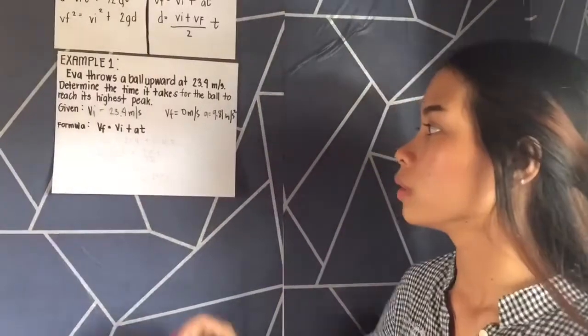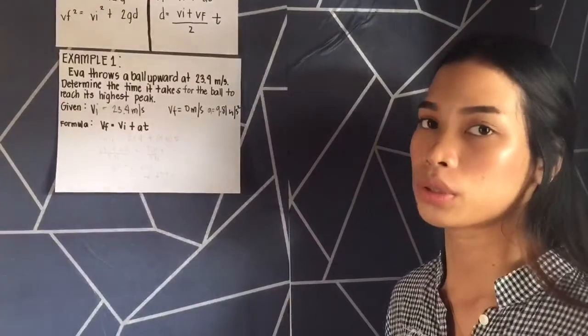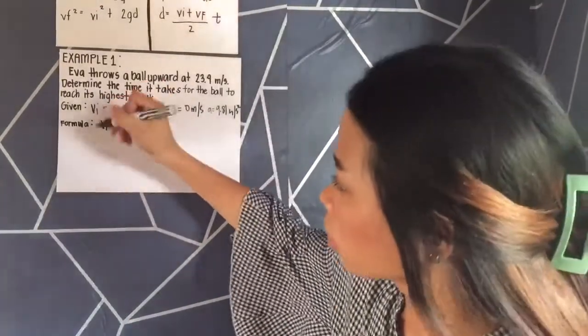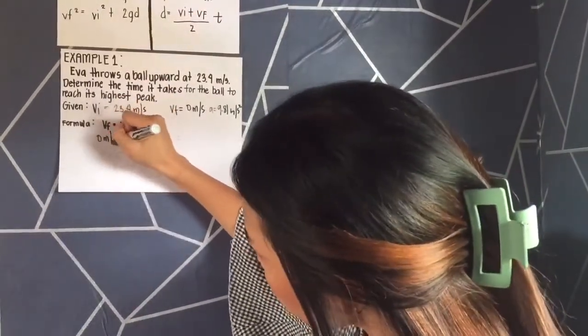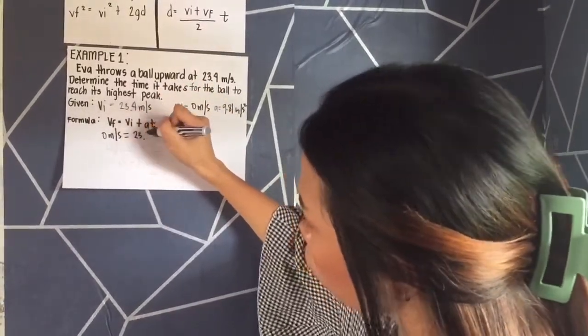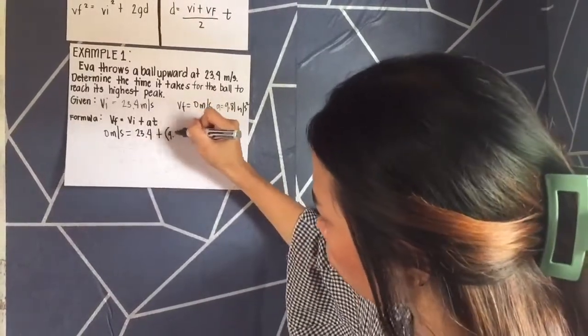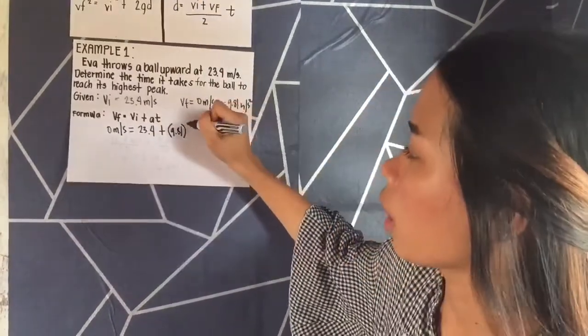The next thing to do is to substitute the given. 0 equals the initial velocity of 23.4 plus the acceleration of negative 9.81 times time.